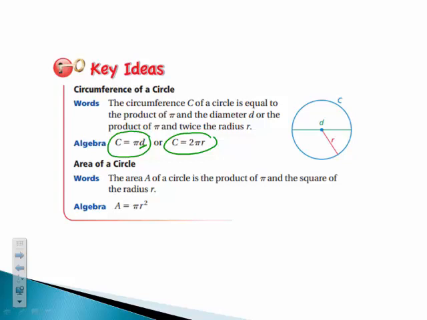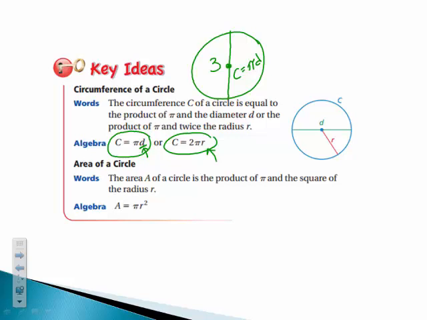Whenever they give you the diameter, then you use that formula. So for instance, if I told you that you have a circle and your diameter is 3, what's your circumference? You would use the circumference equals pi times diameter because I gave you the diameter. But if they give you the radius instead, then you have to use the formula for radius. Okay, so make sure you write these two formulas in your notes.